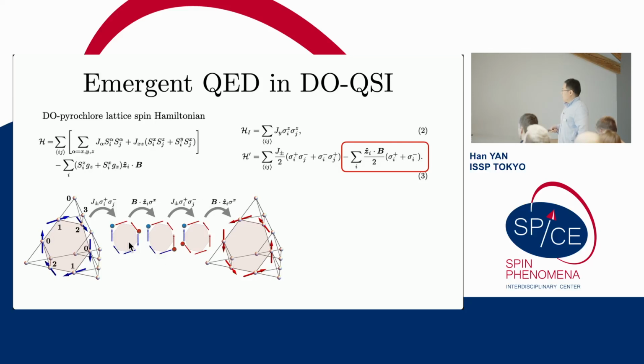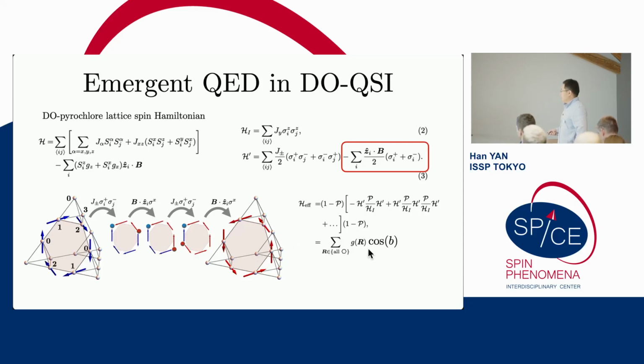So then your loop flipping term's coefficient is modified or controlled by the external field B. And in particular, because B has a direction, and you have 4 different plaquettes facing 4 different directions, this loop tunneling term on the 4 different plaquettes can pick up different coefficients.